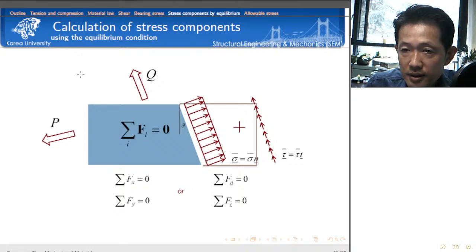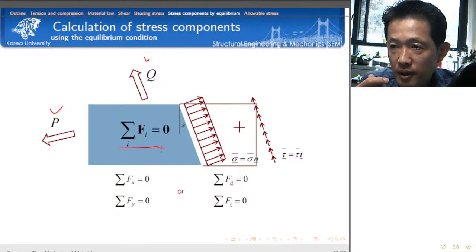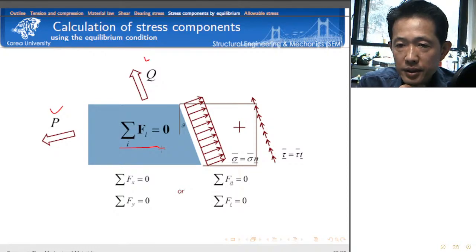Okay, now let's discuss how we calculate stress components by using the force equilibrium. So we have different forces. The rule underlying our discussion is that the sum of all the force vectors should be equal to 0, because this is a force equilibrium. The calculation of the force vectors is not that convenient as is, isn't it?